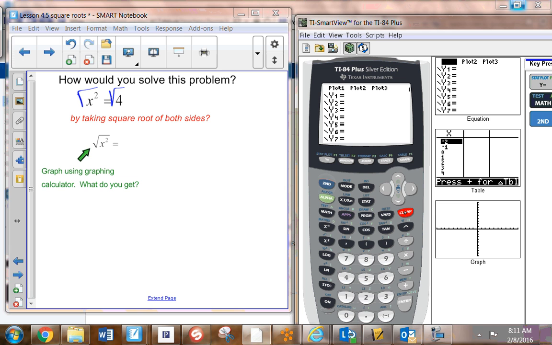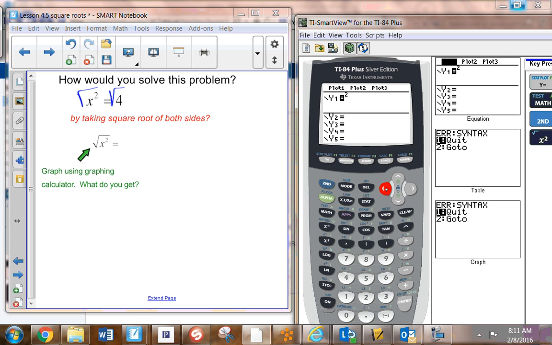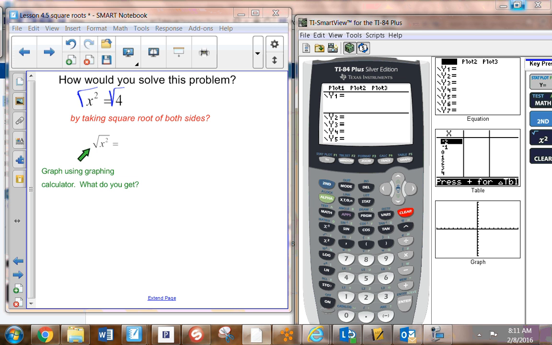I want to plot it. Clear everything. Okay, I'm going to do the square root of x squared. I'm done. Let's graph that.